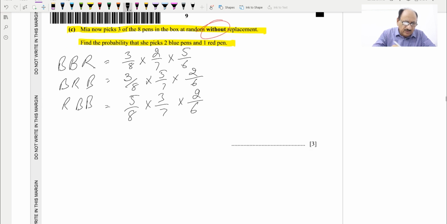Now we can combine all and write 3 into, in brackets, 3 by 8 into 2 by 7 into 5 by 6.